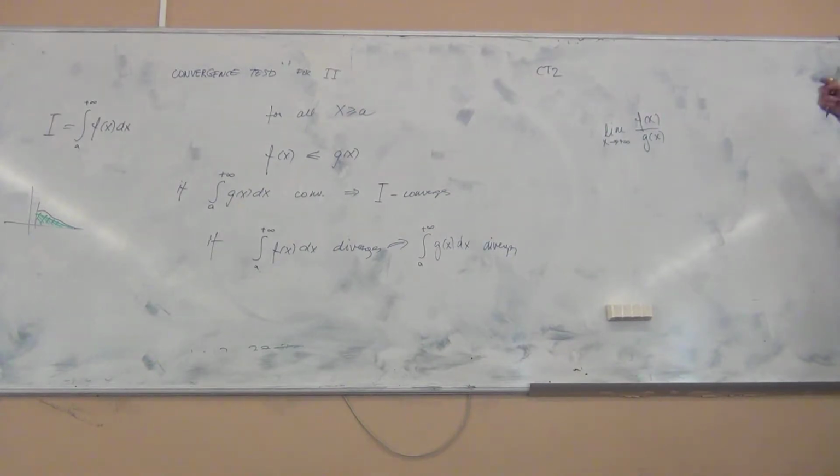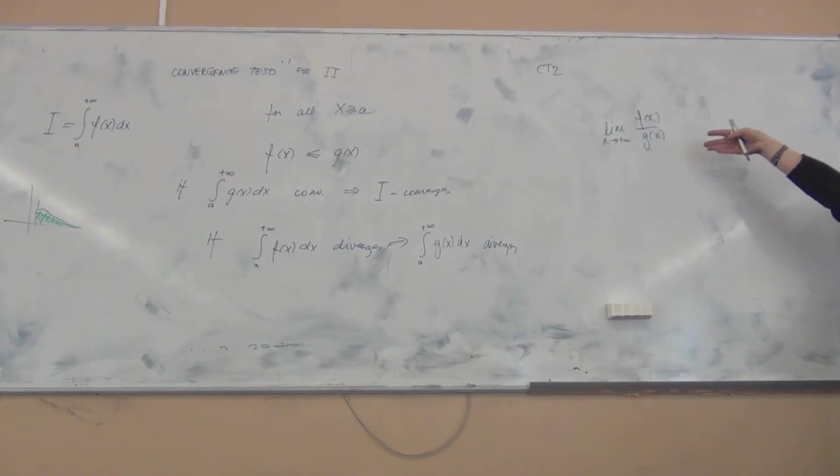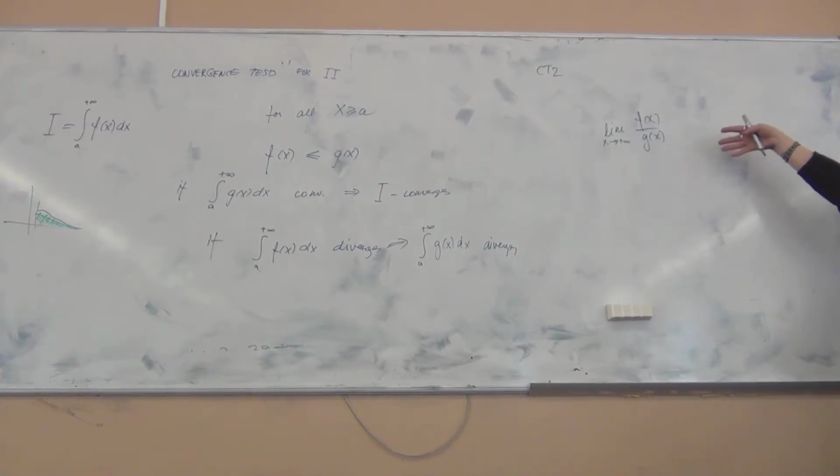Now, if the limit of this ratio is a real number, a finite number, not infinity and not 0, then we can say that yes, over there in infinity, these two functions behave in a very similar way.